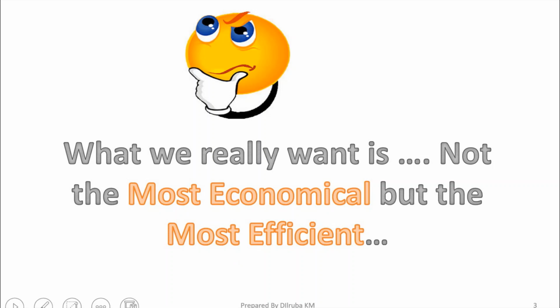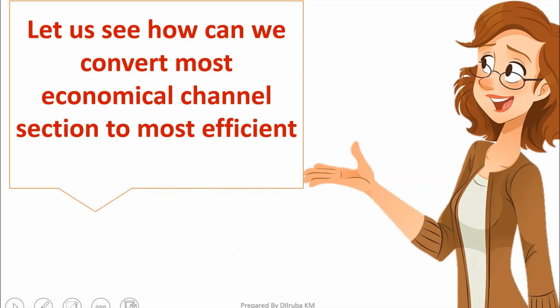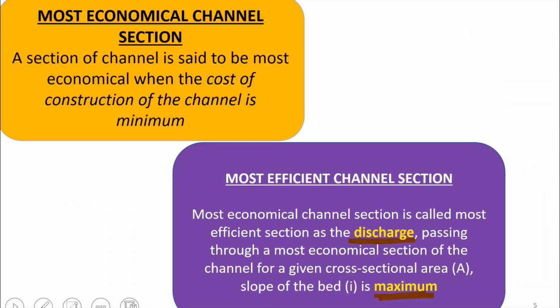So by the way, what is this most economical and most efficient? When we say efficiency, we cannot reduce the quality of the structure, but we have to reduce the cost, right? So let us see how we can convert this most economical channel section to the most economic efficient channel section.